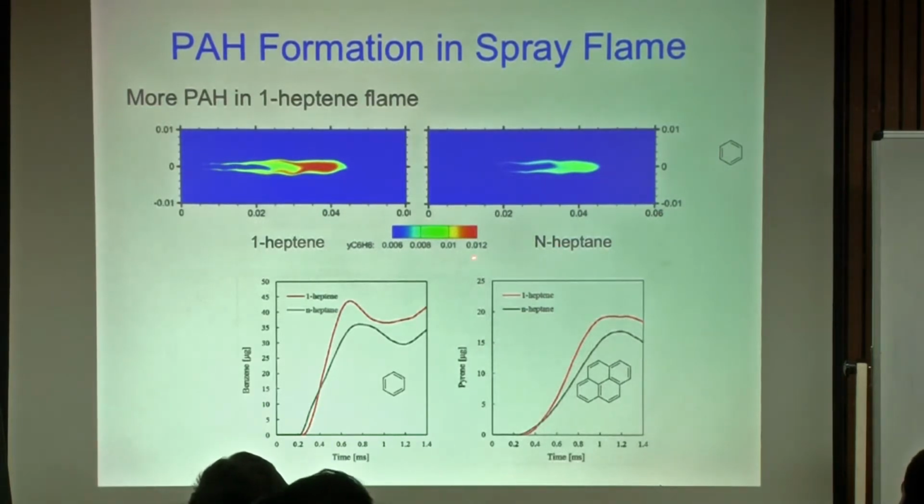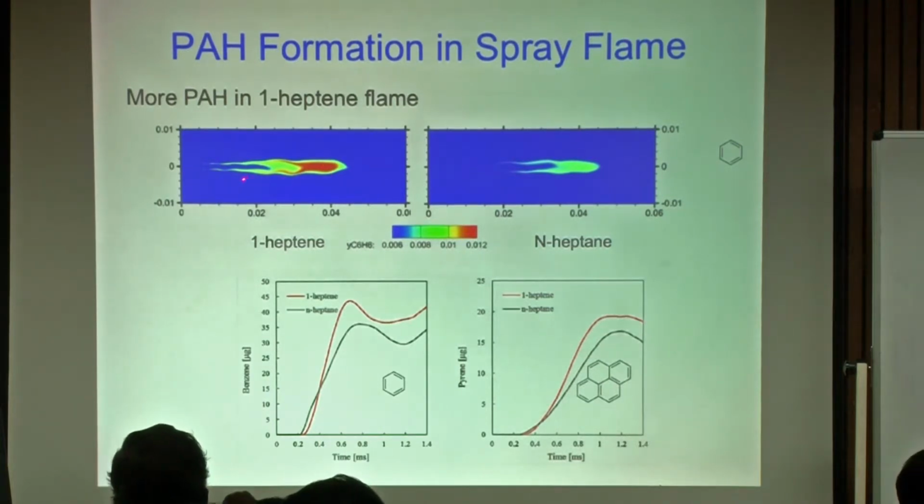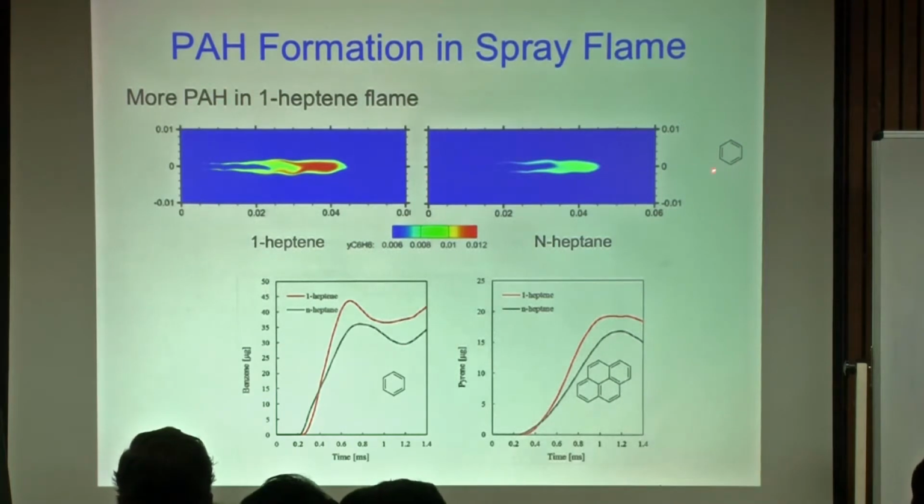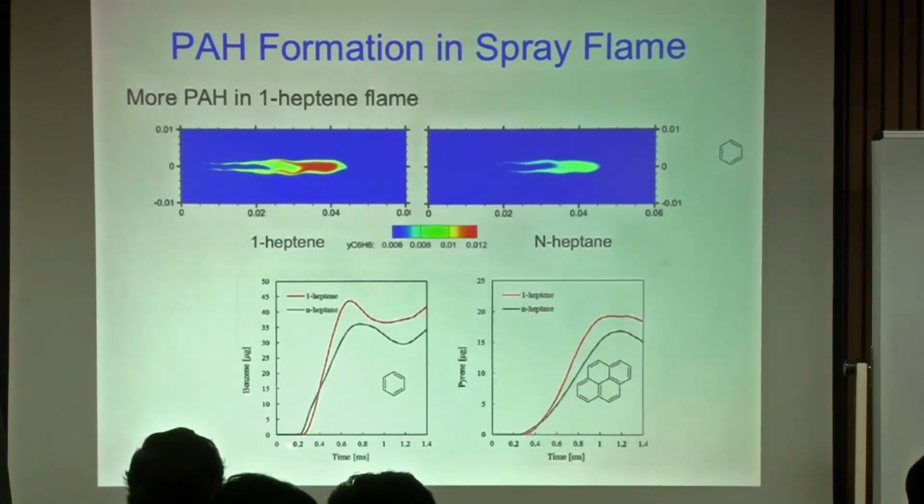A little more analysis. This is the benzene in the heptene flame, and this is in heptane. You can see there is a lot more benzene in the heptene flame. Otherwise, the conditions were identical. That is the benzene molecule. From benzene, this is the total benzene mass in that reactor, plotted versus time. That's where it starts forming.